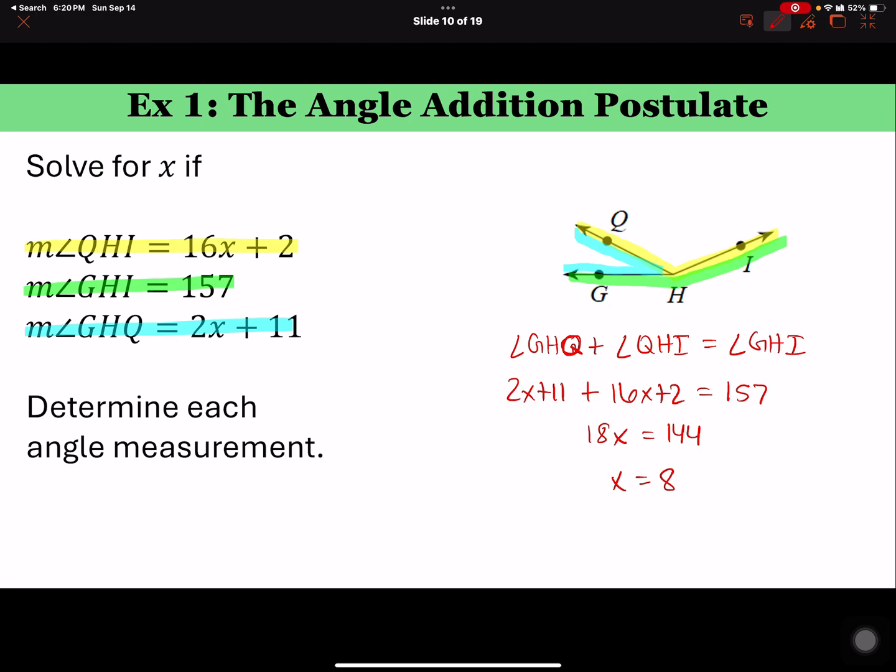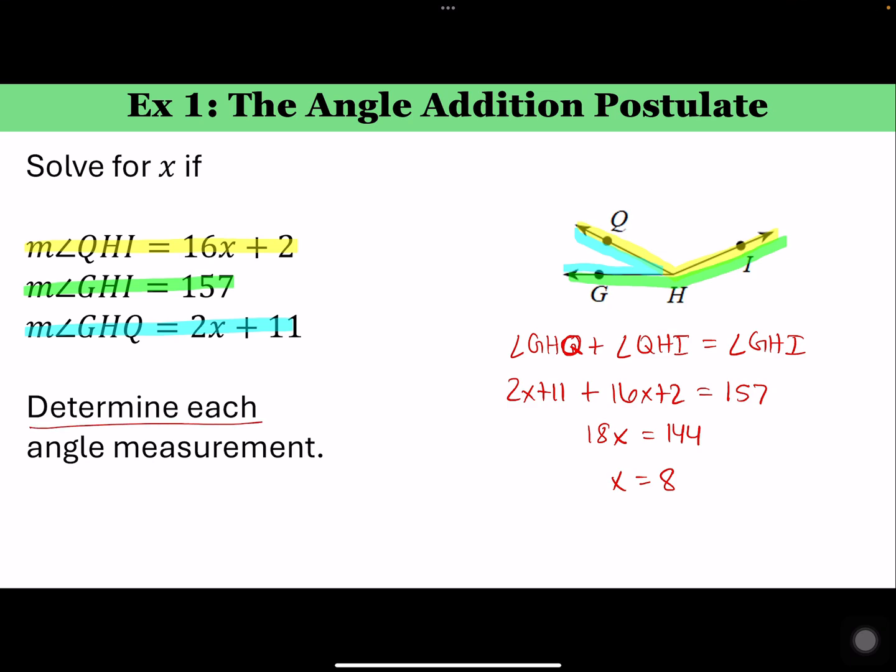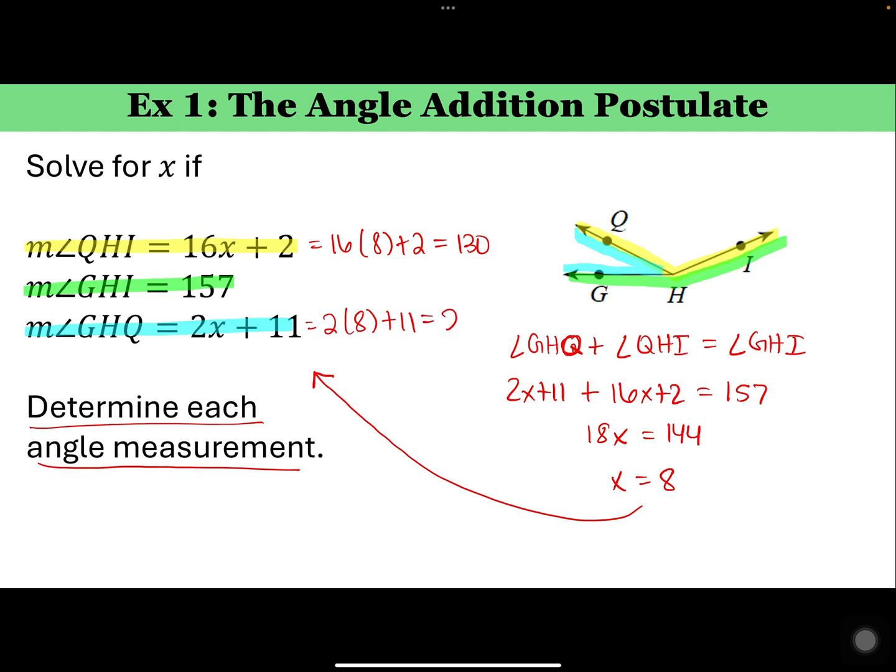Now that I know x is equal to 8, to determine each angle measurement, I'm going to substitute x into each of these expressions. Here would be 16 times 8 plus 2, which will equal 130 degrees. And here I would have 2 times 8 plus 11, which would equal 27 degrees.